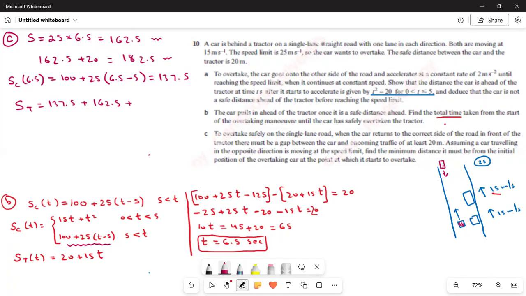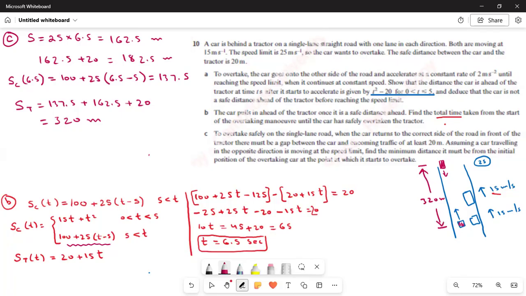So if I add all these three quantities, 137.5 plus 162.5 plus 20, it comes out to be 320 meter. Okay, so I hope you understand the whole scenario that if this car comes in opposite direction, when our car decides to overtake, this distance should be 320 meter minimum.